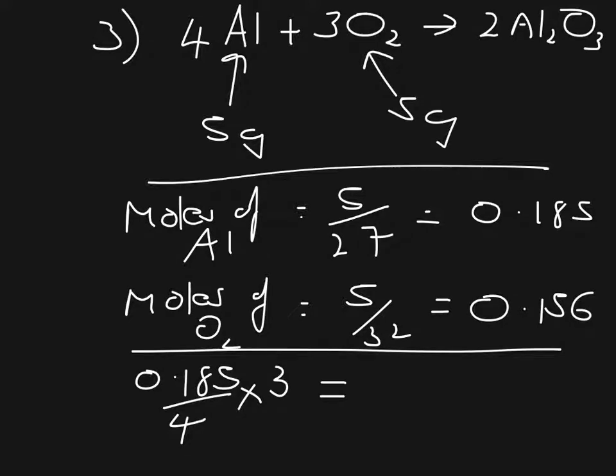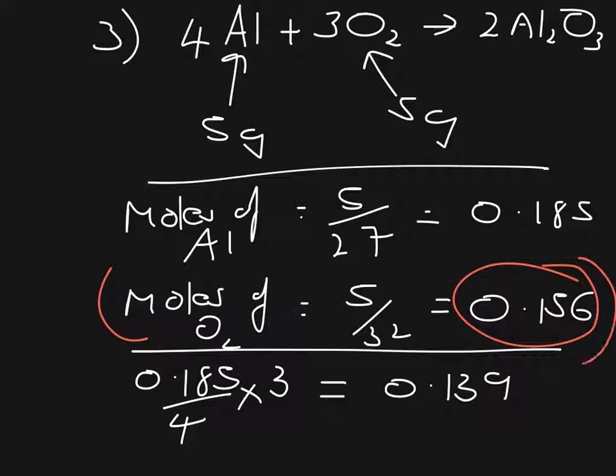So 0.185 divided by 4 times by 3 gives me 0.139 moles, when in fact I've actually got 0.156 moles here.